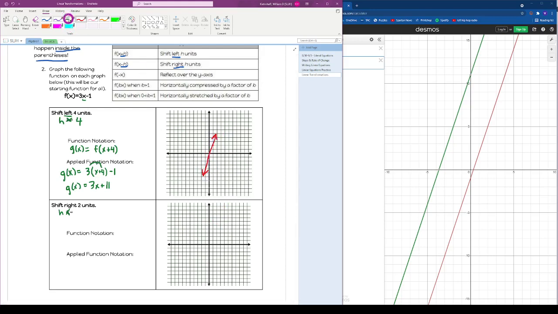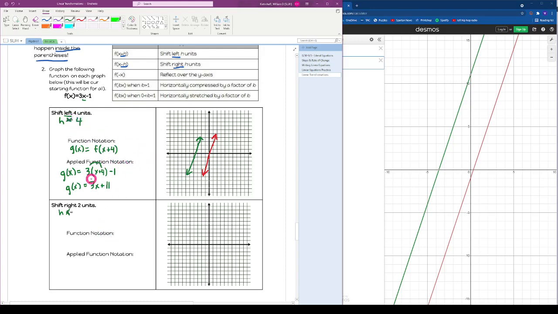And we are shifting to the left 1, 2, 3, 4 with the same slope, so we'll look something like that.